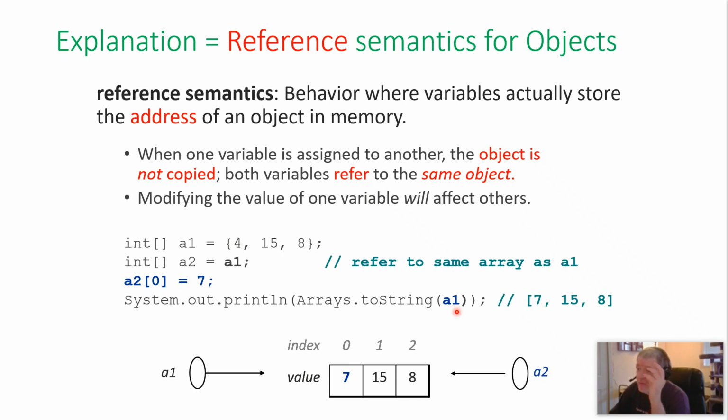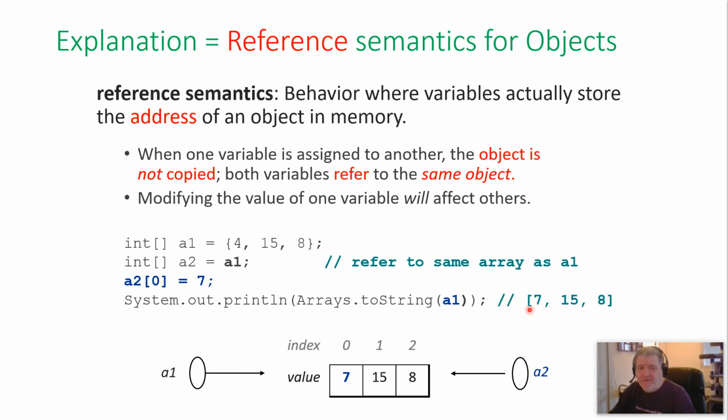So the string represents what's inside the array, and by convention, the way toString works is that it gives us a text that starts with a square bracket to remind us that we're talking about arrays, provides the value of the first element, 7, comma, space, the value of the second element, 15, comma, space, 8, and then closes the square bracket.